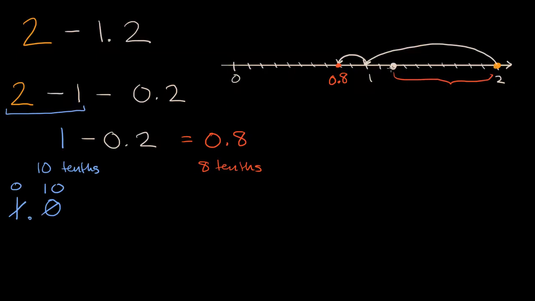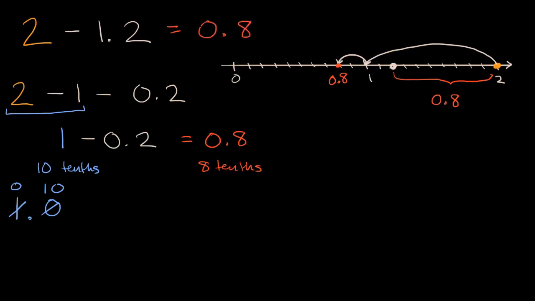Well, if you've already got 2/10, you need to add another 8/10 to get to the next whole. So you have to add 8/10, or 0.8. So the difference between 2 and 1.2 is equal to 0.8.